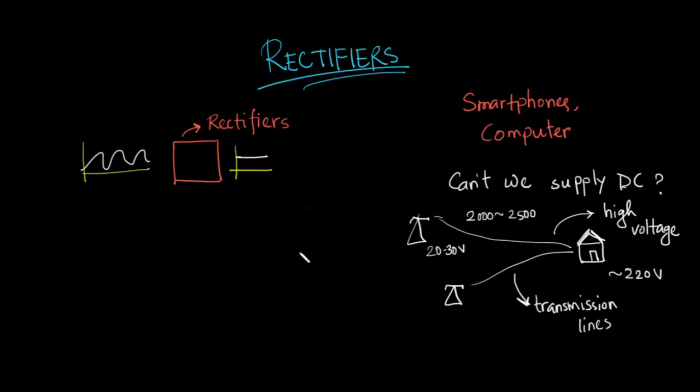It is a very interesting fact that when the electrical power lines were being made in the late 1800s and early 1900s, there was no mechanism to produce or convert to high voltage DC.